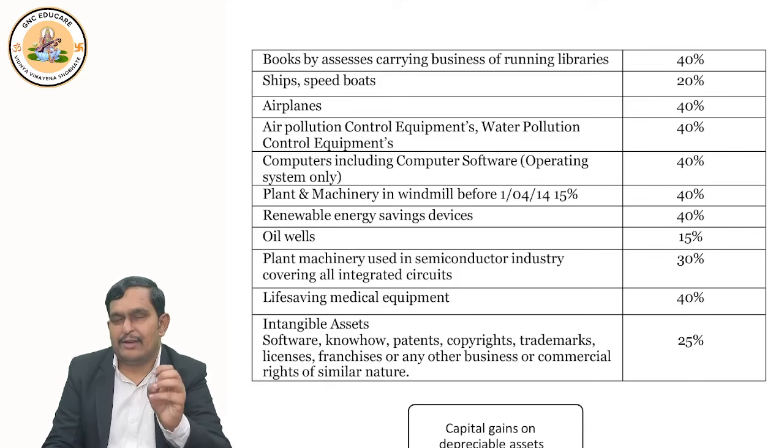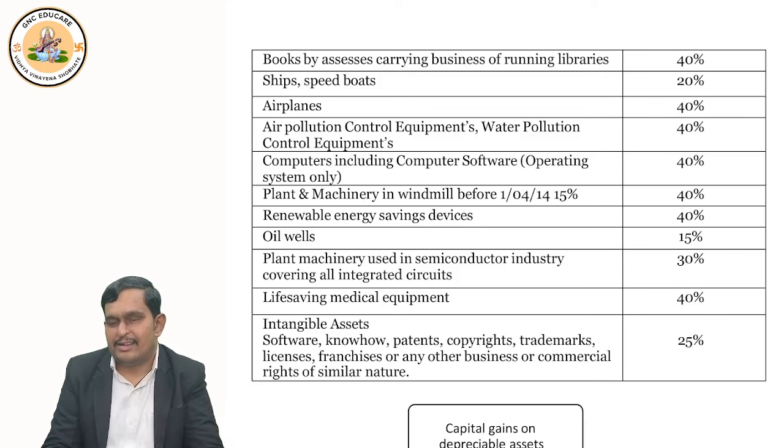Aircraft, computer, air and water pollution control equipment, and windmills, again 40%. So 8 items over. Life-saving medical equipment and renewable energy equipment, again 40%. So 10 items, this way you remember.